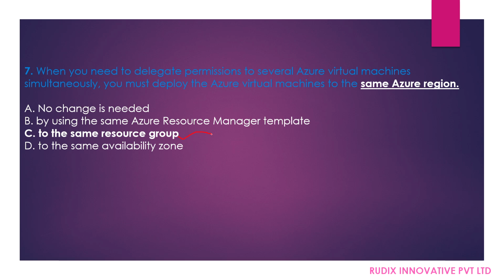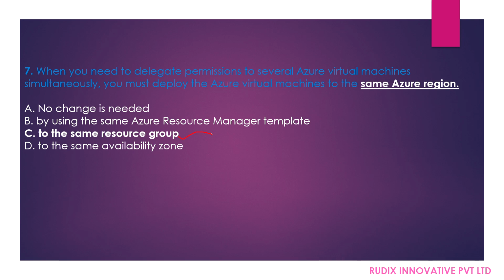So the option B, by using the same Azure Resource Manager template, the JSON blueprint that defines the resources to deploy in Azure and their configuration. Deploying multiple virtual machines using the ARM template gives consistency in their configuration and lets you easily apply permission access controls to them collectively.